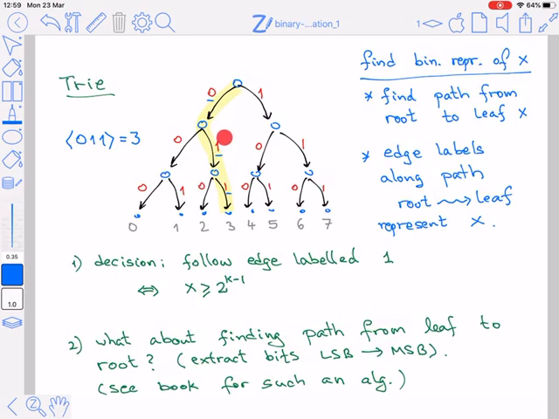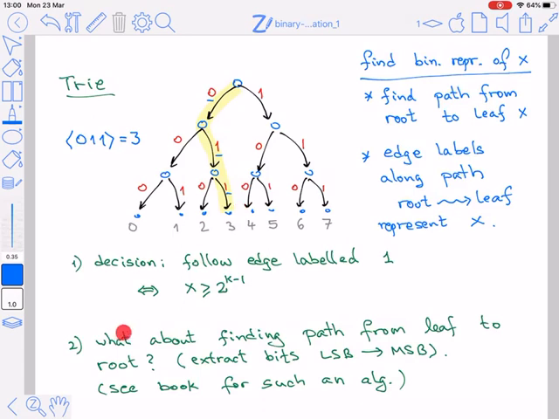So we subtract 2 from 3, so we get 1. And we ask, is 1 greater than or equal to 1? And the answer is yes, and therefore we follow the edge labeled 1. Okay, so you can think of this algorithm as if it extracts the bits of the binary representation from the most significant bit to the least significant bit.